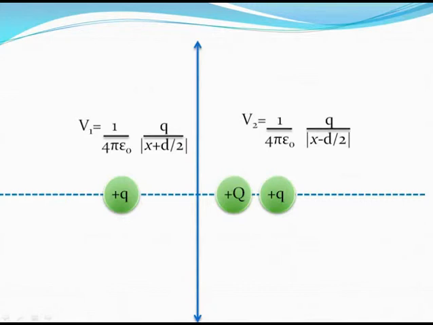This is of course given that the distance between the two charges is d and the distance of this positive charge plus q from the origin is x. So the potential at any point x because of this charge and this charge is this expression and this expression. The net potential will be V1 plus V2.